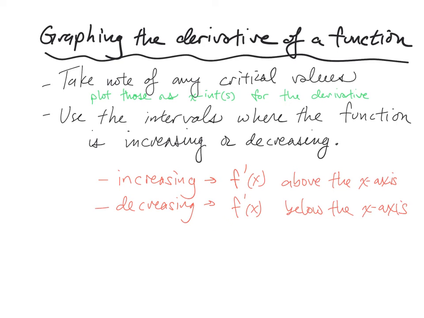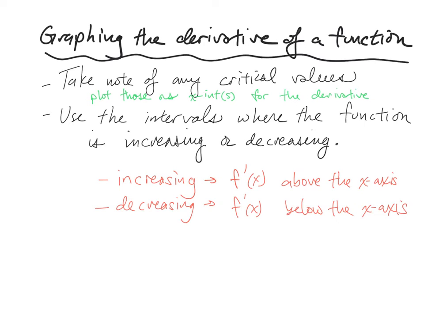Remember, you can find critical values when you set the first derivative equal to 0. So if you find any critical values on your graph, that means the derivative is equal to 0. And I will address when a derivative is undefined when we get to that example.